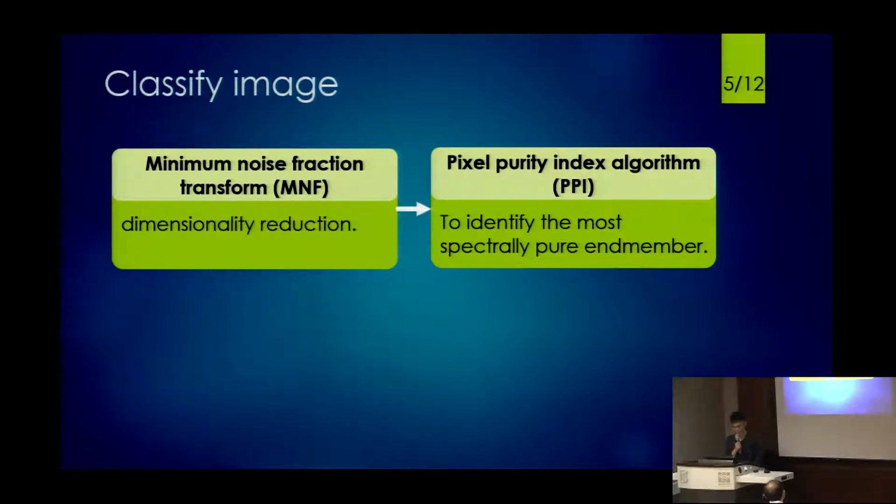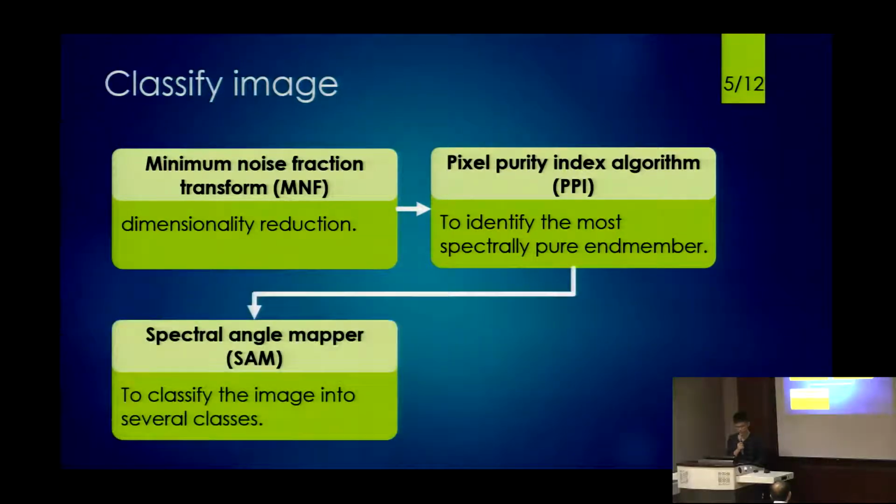This is to identify the most spectrally pure pixels, which can choose the best bands to classify the vegetation and the others. Next, it compares the data with the bands they choose, and they can classify several classes.